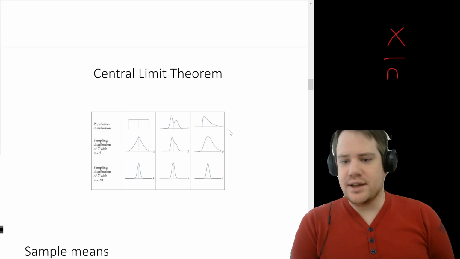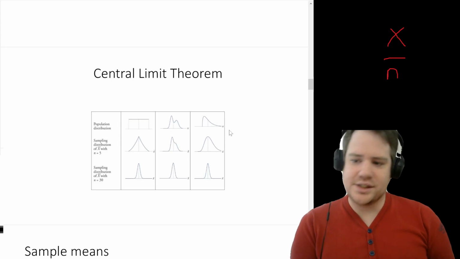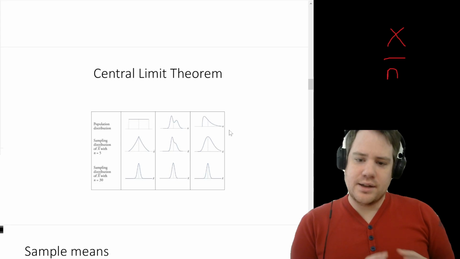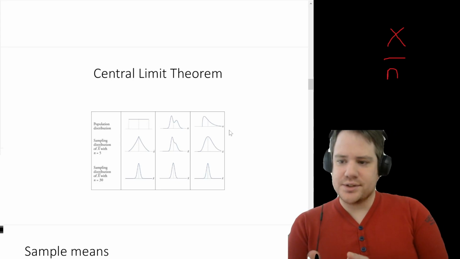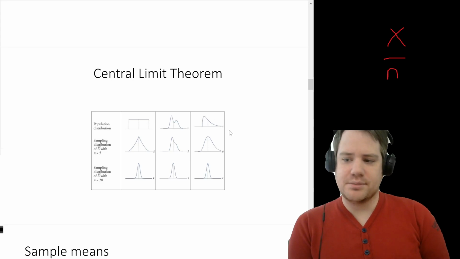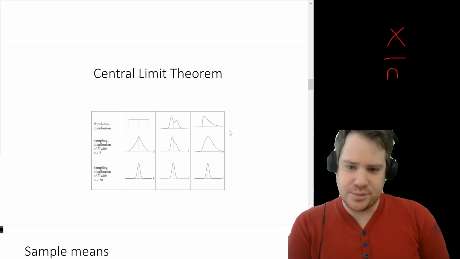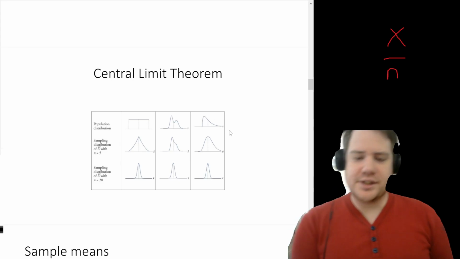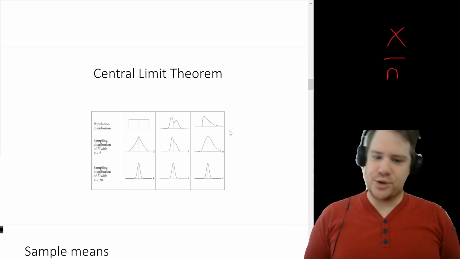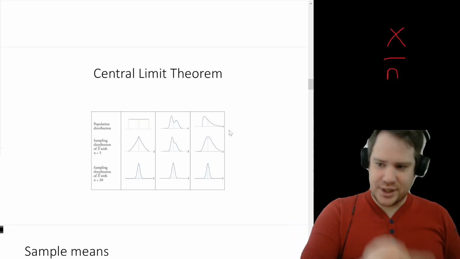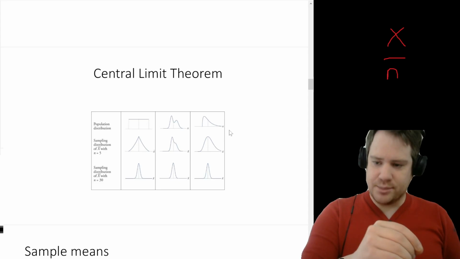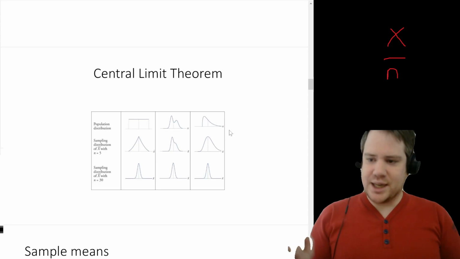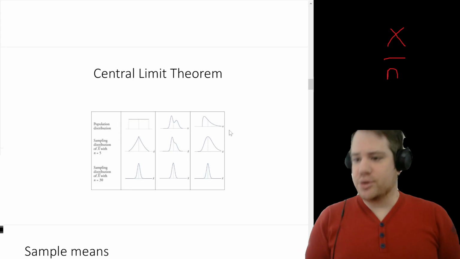It is a description of the phenomenon that as the sample size increases, the distribution of the sample means becomes more like a normal distribution, regardless of what the starting distribution looked like. Now, this is more of a scale thing, so every time the sample size gets larger for each sample, the distribution of the sample means becomes more normal.